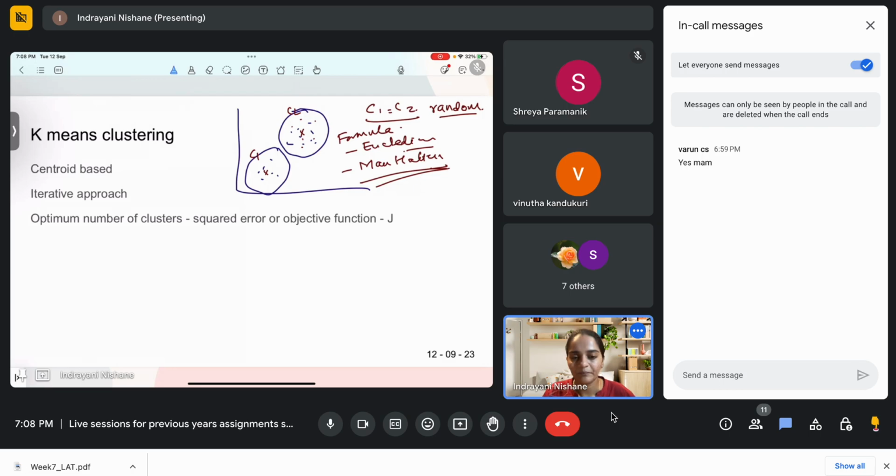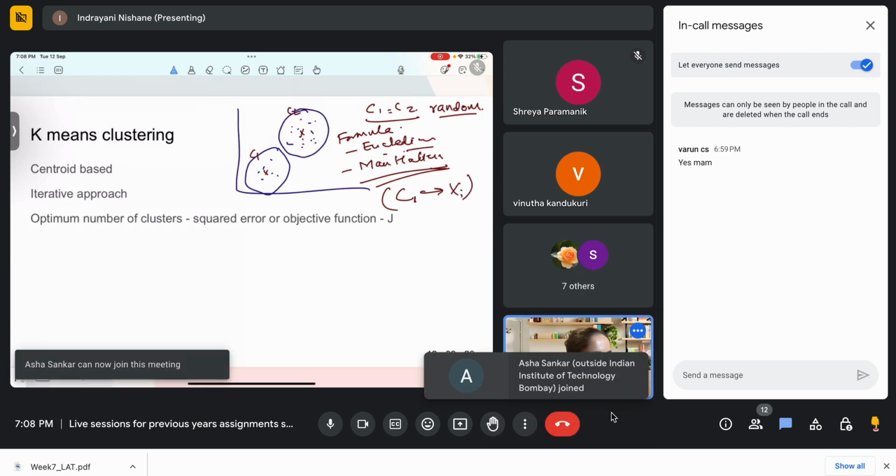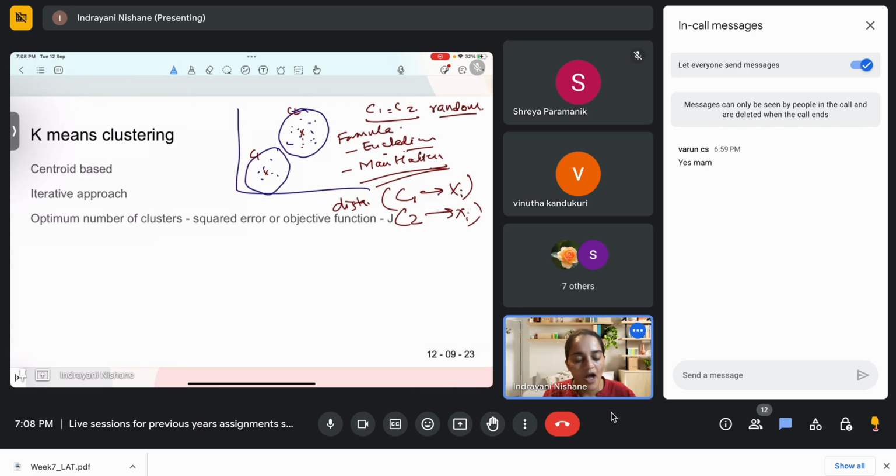Using this formula, we will calculate the distance between the centroid and our data point. The distance between C2 and X, and C1 and X, for all the data points and both the centroids, and we will compare these distance values. Whichever distance is least, we will assign that point to that particular centroid.